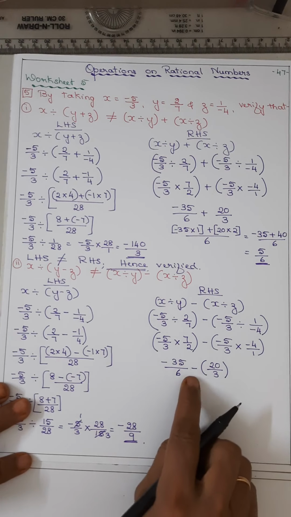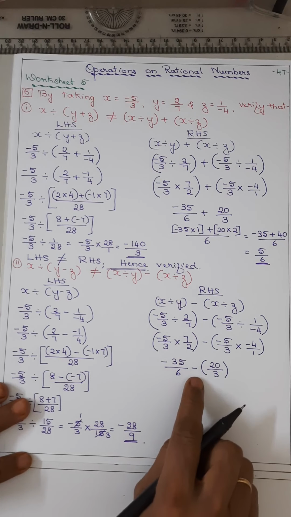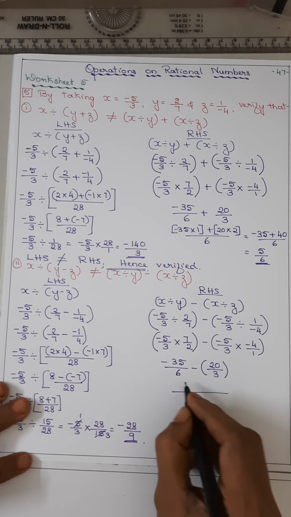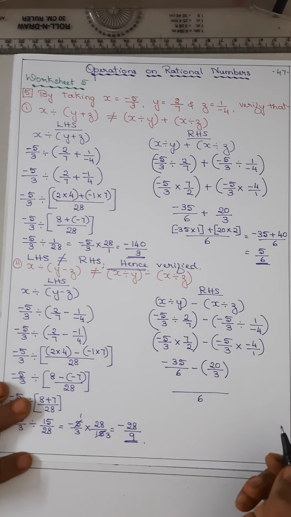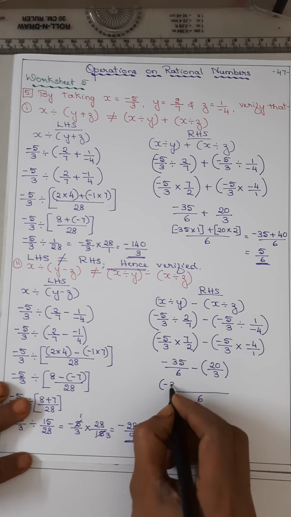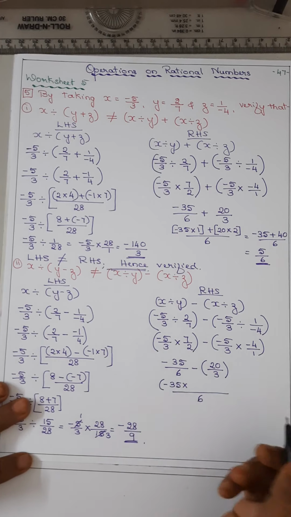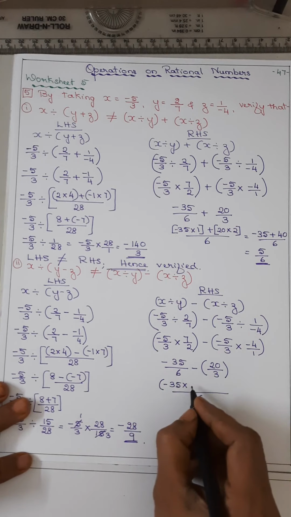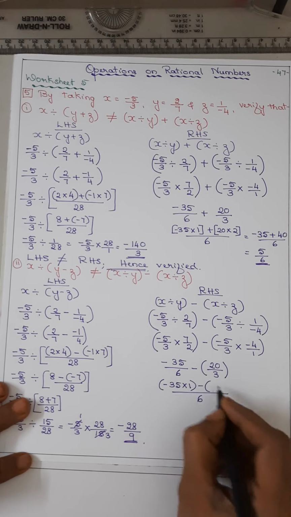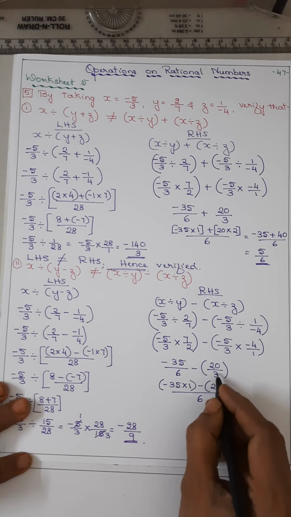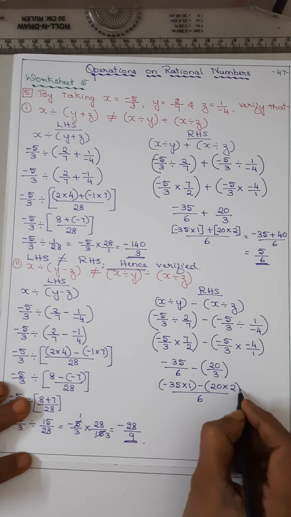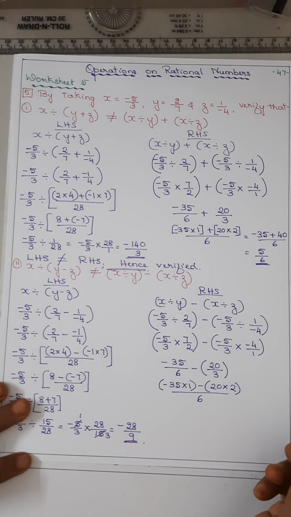Now it is subtraction. Subtraction means LCM. 3 and 6, 6 is the LCM. Numerator is minus 35 into 6 ones are 6, minus 20 into 3, how much are 6 2s are. Okay.